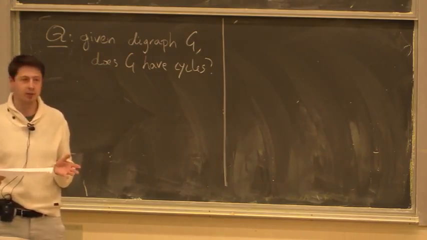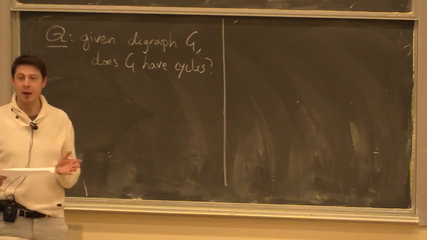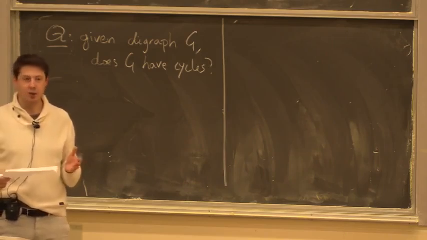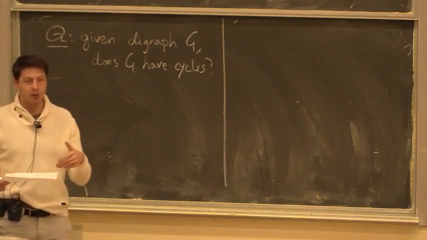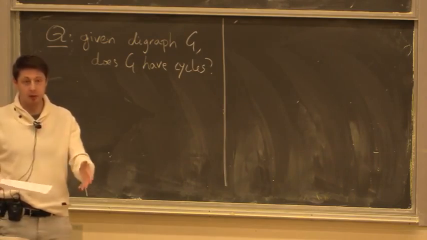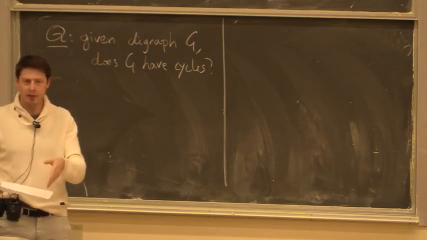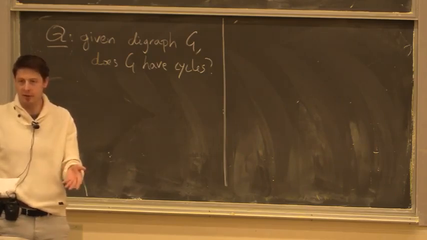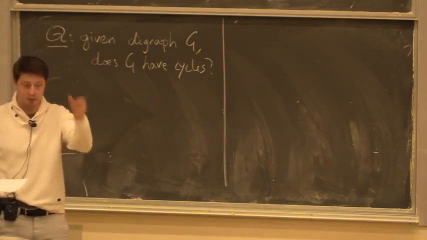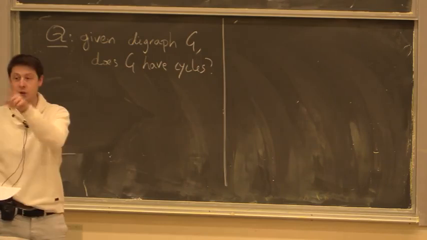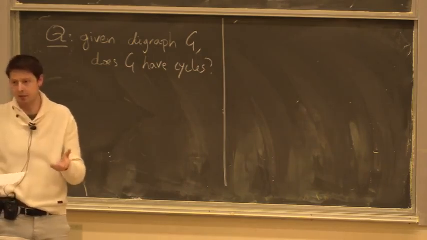What is that edge? A back edge, right? If you remember, a back edge was an edge that went from the vertex to an ancestor, right? But if you are at that point, you came from the ancestor somewhere, right? Somehow you made your way down, and now you have an edge going back to the ancestor. Well, it looks like a cycle, right?